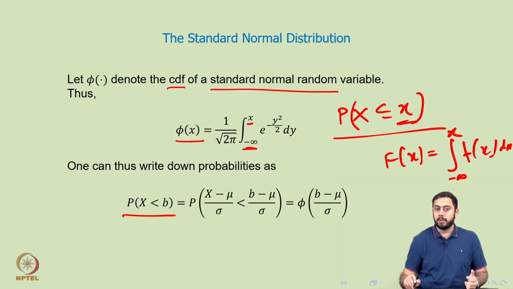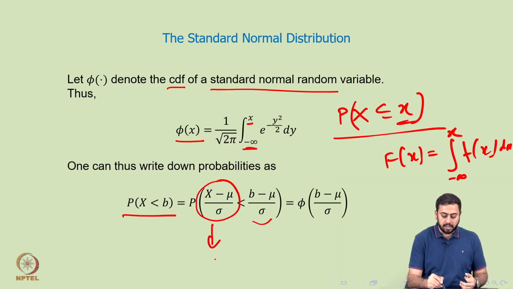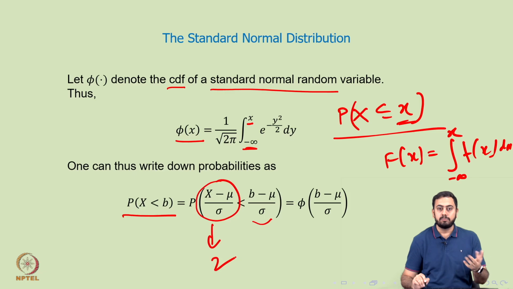But now, more importantly, if you have access to CDF notation, we can talk about all such probabilities. Let's say the probability that x is less than some constant b. What can be done? If you standardize both sides, you subtract the mean and divide by the standard deviation, doing the exact same thing on the left hand side and the right hand side. So LHS becomes this, while RHS reduces to b minus mu divided by sigma. Now this quantity, x minus mu by sigma, is nothing but z, which is standard normal.